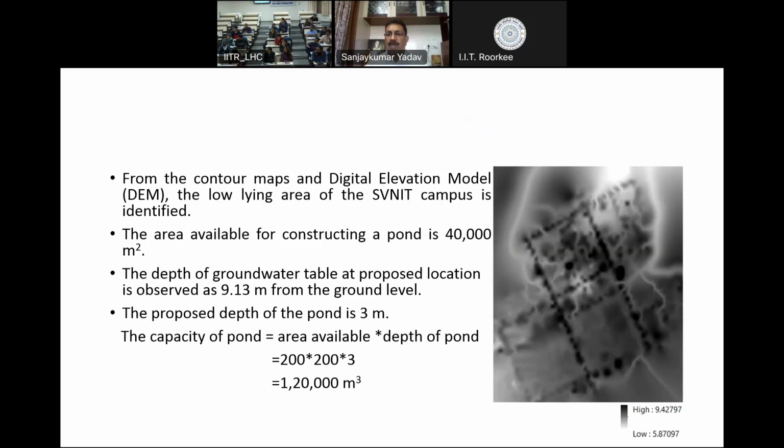But somebody will ask, sir, in Rajasthan why go for recharging? Yes, it is possible, but there the purpose is to create storage for the non-monsoon period, and you can use geosynthetic material spread over the bed of the pond to store the water.